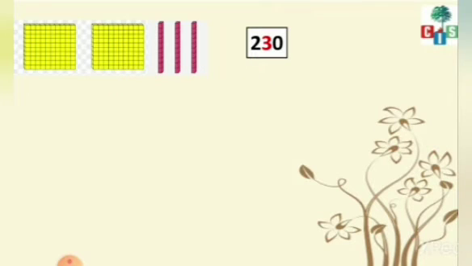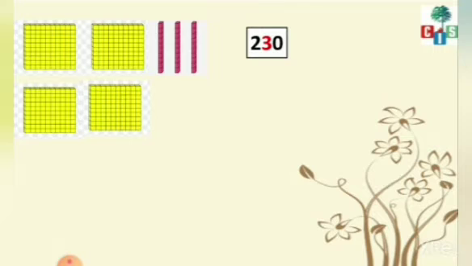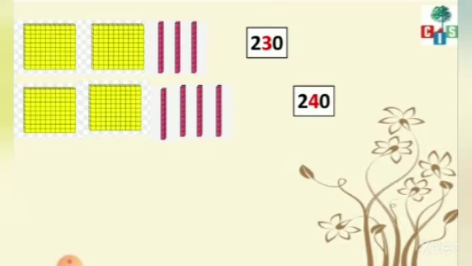So it is 230. After 230, what am I going to get? Let's see. Here there are two blocks of 100. And in tens, 1, 2, 3, 4. After 230, you will get the answer 240.